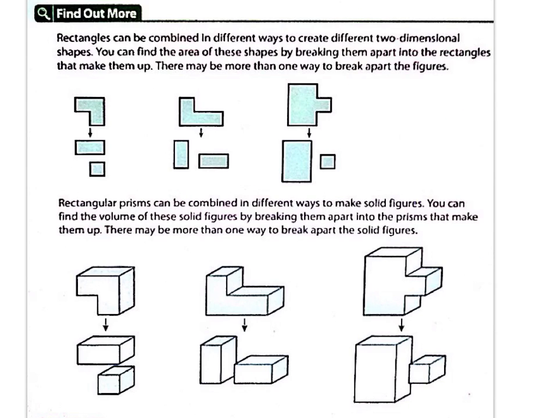Okay, this slide, I just wanted to show you some different plane figures. We have plane figures on top. Remember, plane figures are flat. And these, you find the area. If you had a composite figure and you needed to find the area, this is just showing you how you could break these apart. This would break apart to this. They've cut it right here.